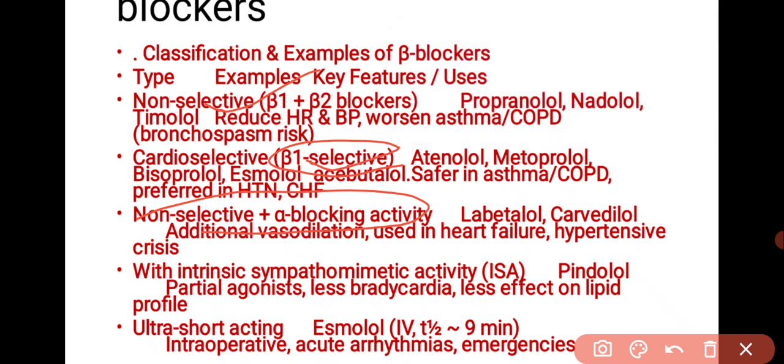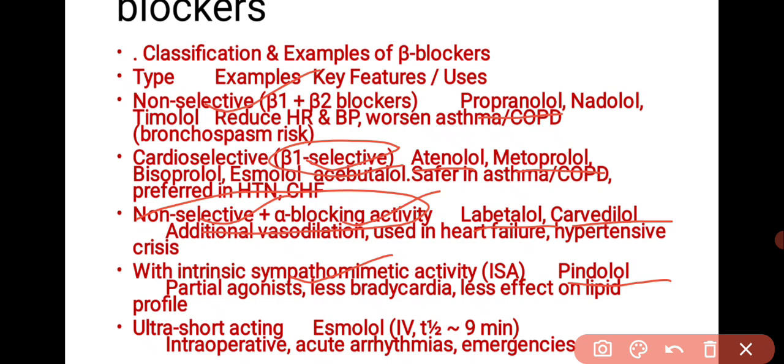They block both the alpha receptors as well as beta receptors, and some may have intrinsic sympathomimetic activity, agonistic activity, pindolol for example. The non-selective adrenergic blockers are labetalol and carvedilol. Cardio-selective beta 1 selective are atenolol and metoprolol. Non-selective are propranolol, nadolol, timolol, etc. So these are the examples of various types of beta blockers.